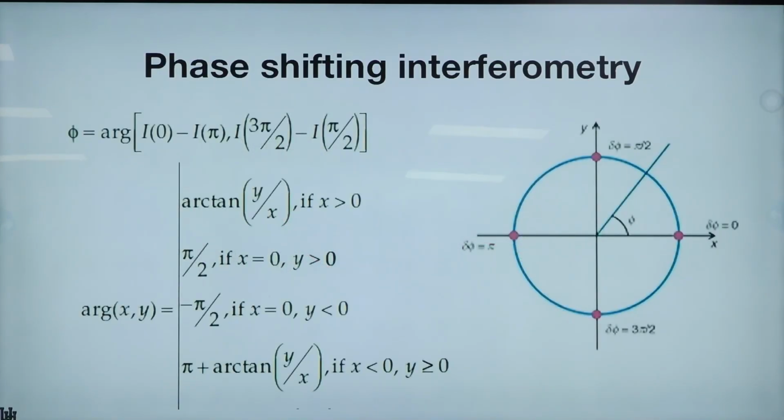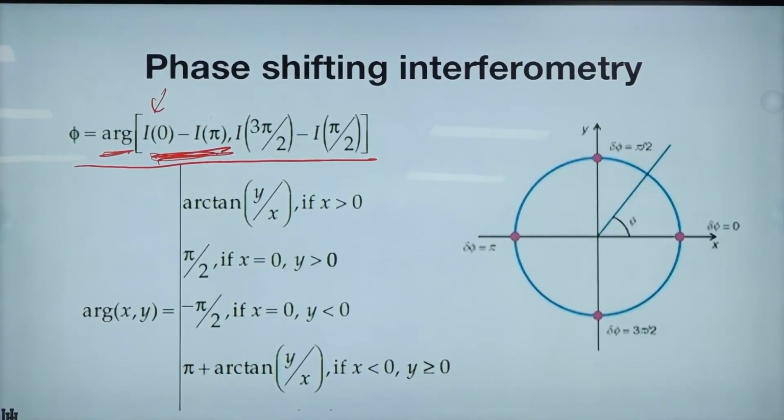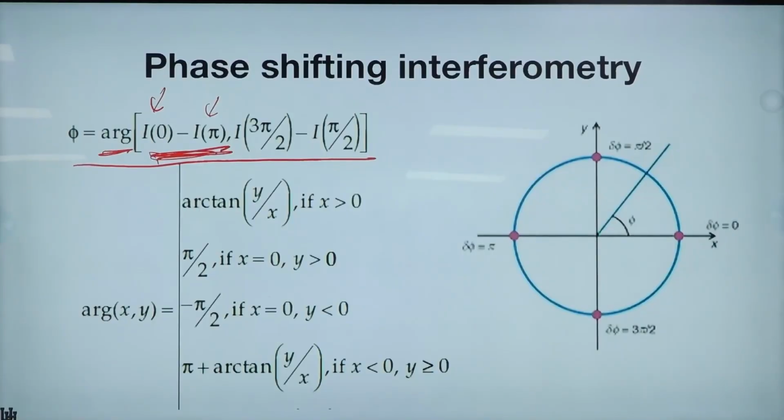So this is the calculation you do. It's fairly simple in this version: you find the argument of the I0 image minus the 180 degrees, or pi radians, image, and the 270 degrees and the 90 degrees image. So you do this angle calculation.